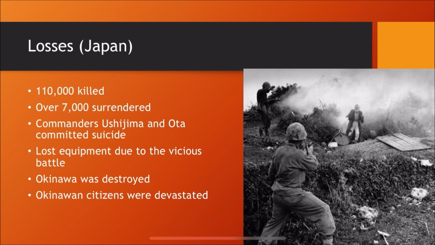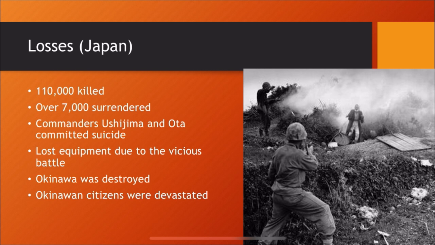Japan had also lost a lot of equipment due to the brutal nature of the battle. They had lost over 1,000 planes, mostly as a result of their own kamikaze attacks.